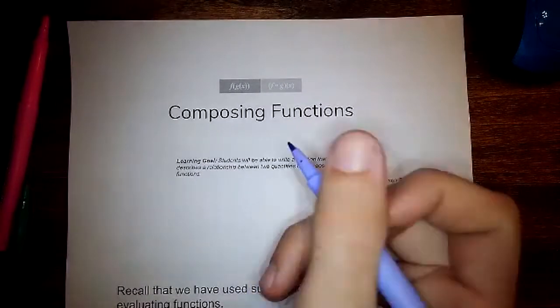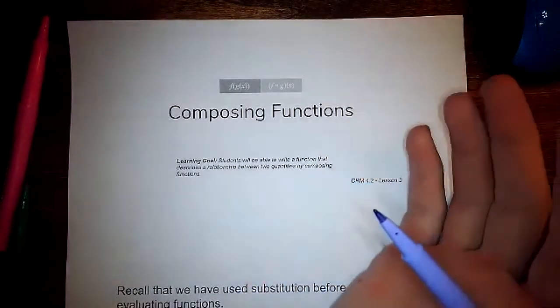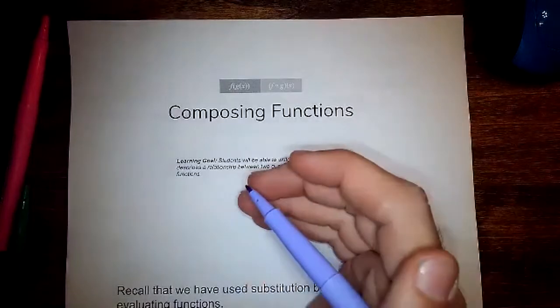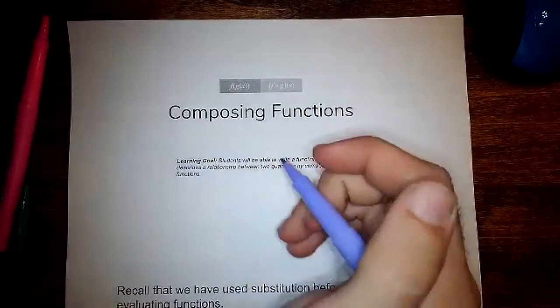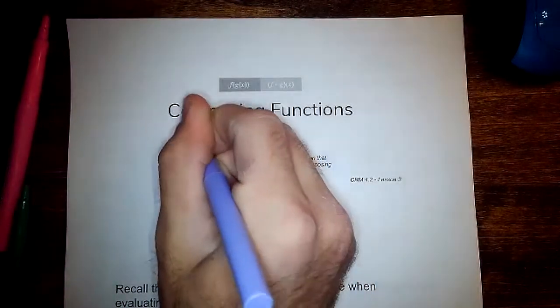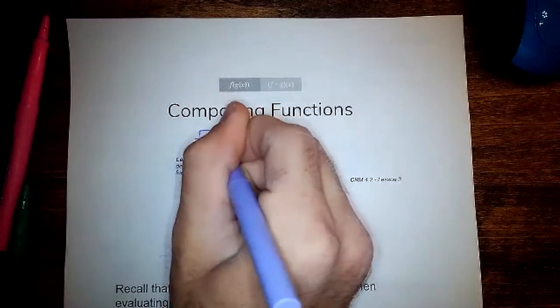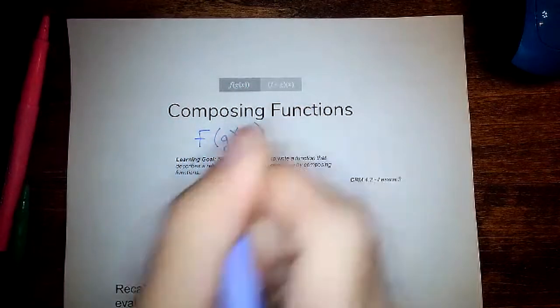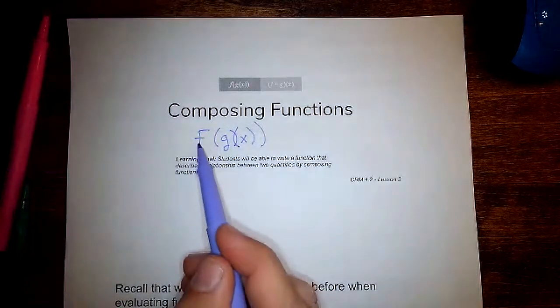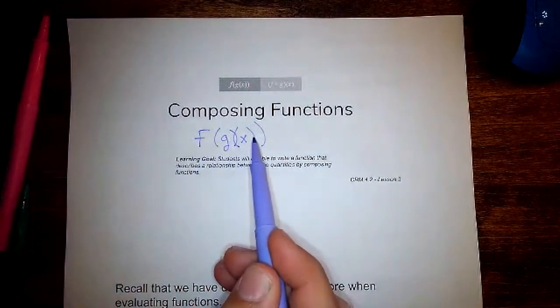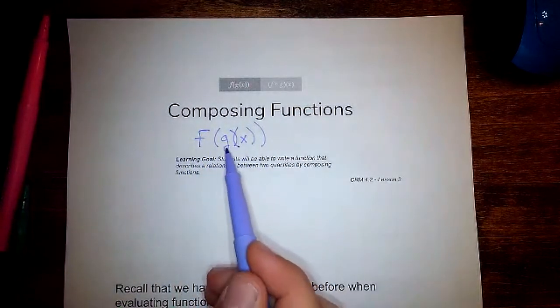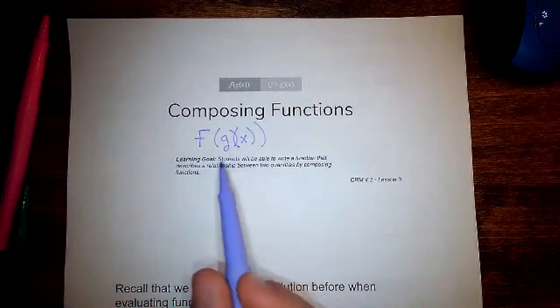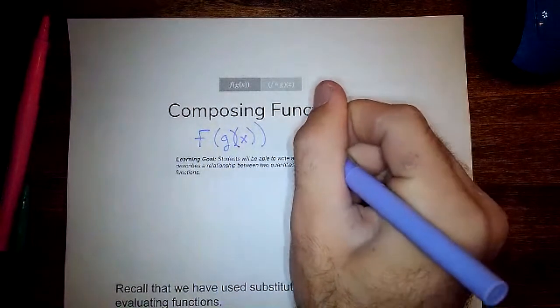Okay, so basically, this lesson boils down to a function within a function. So you're going to see something like this. So basically, it's the function of x, but within that function, we have the function of g. You might also see it look like this.